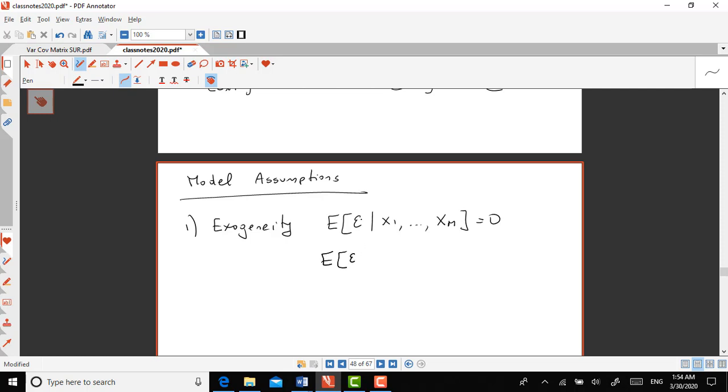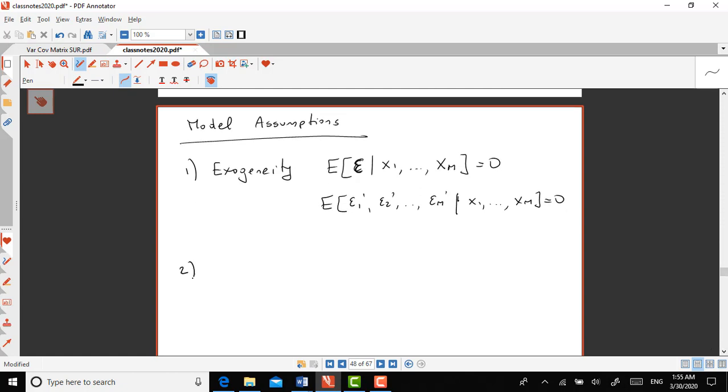So here, that error, this e here, actually includes the errors for all of the equations of the system. It's a stronger form of exogeneity if you want to think about it, because the errors are not correlated with any of the explanatory variables in the system of equations.